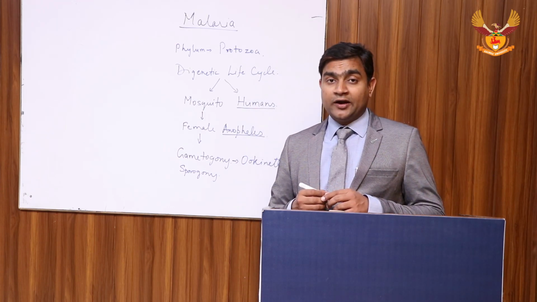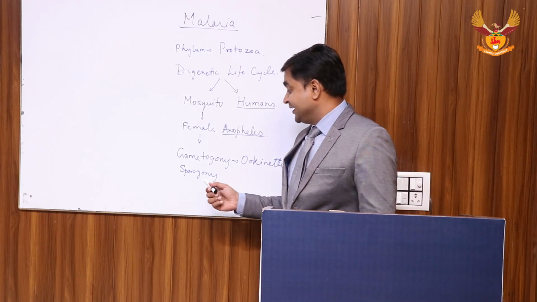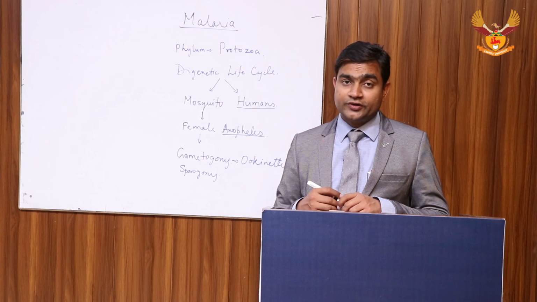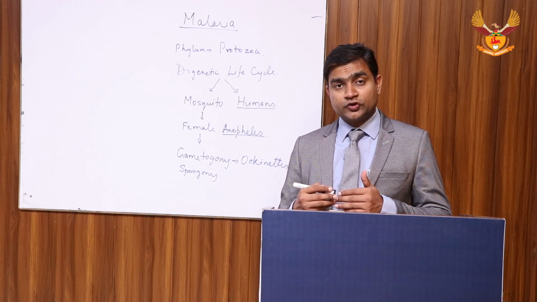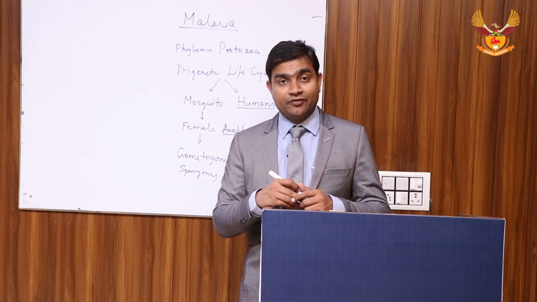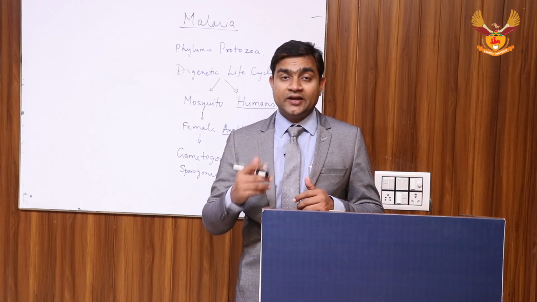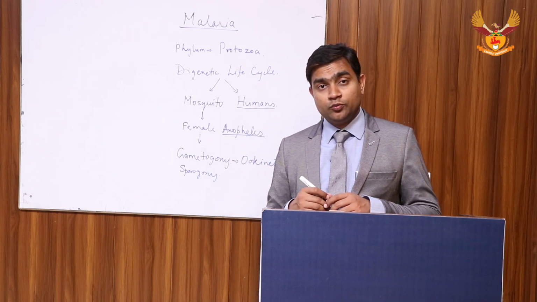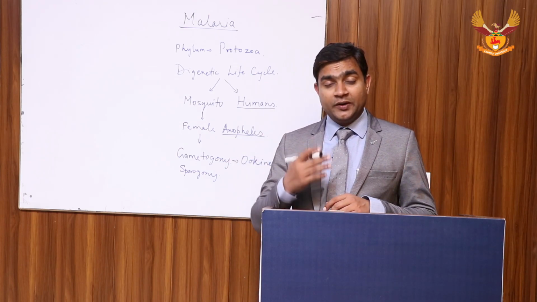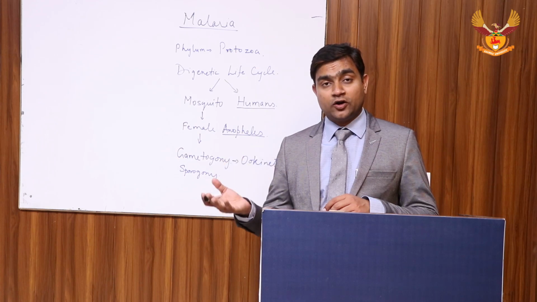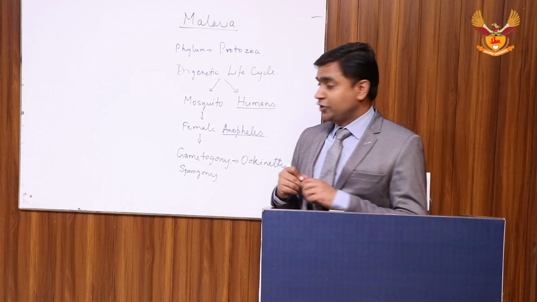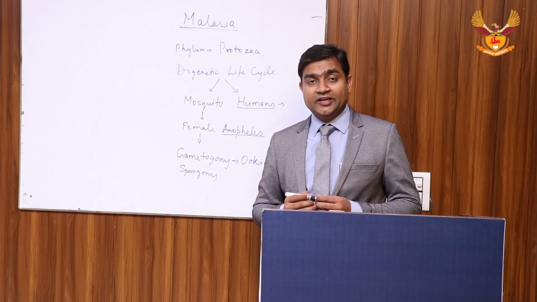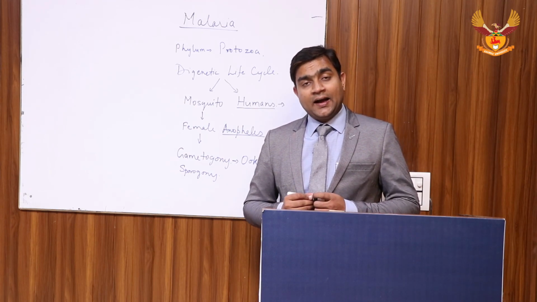By mitotic division it increases in number and forms multinucleated sporozoites. Those multinucleated sporozoites will migrate into the salivary glands of the mosquito, and then when this infected mosquito bites any normal human being, it will transmit the sporozoites into the blood of that human, and inside the human the most important stage occurs, schizogony.